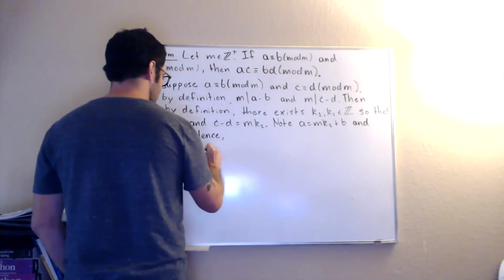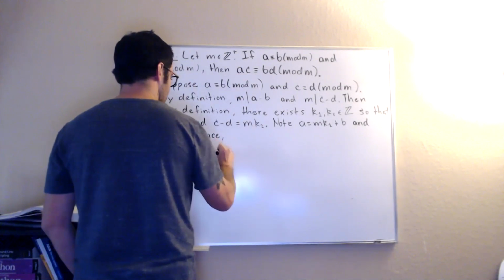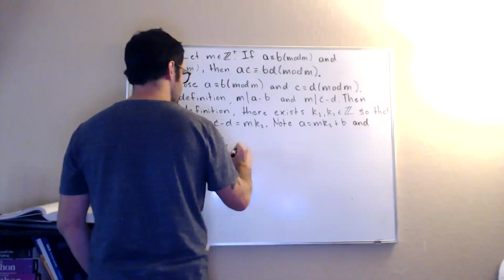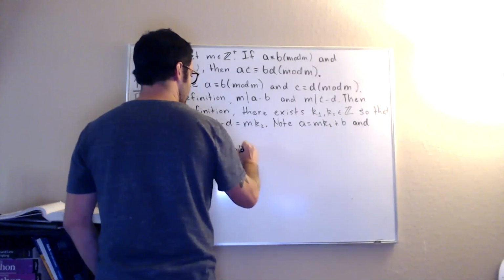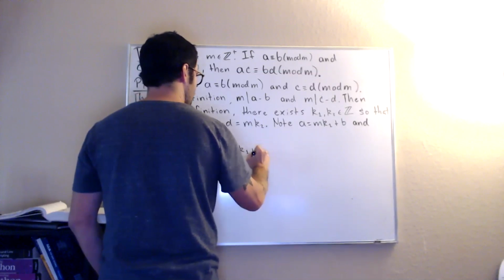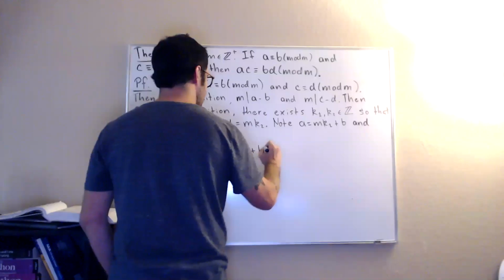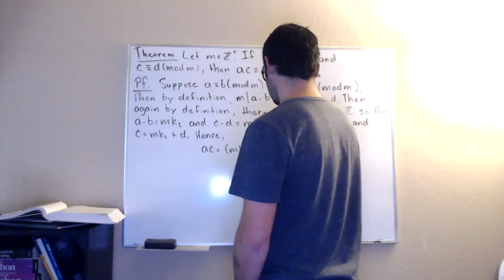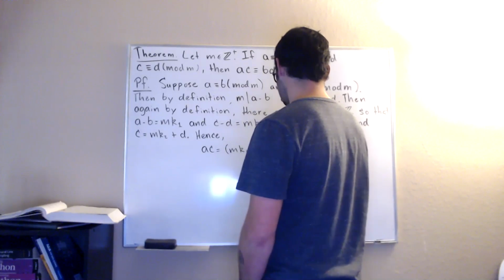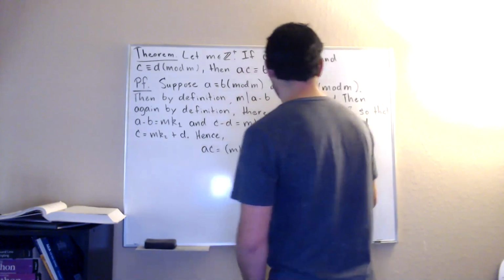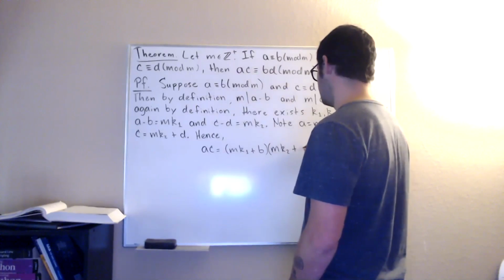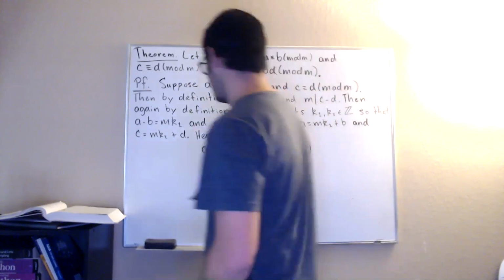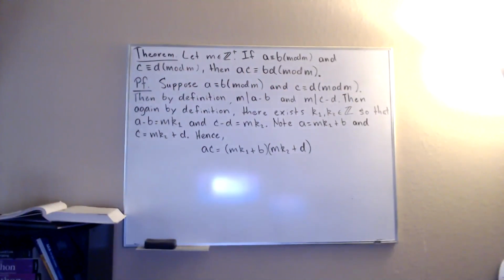A times C is equal to (m times k1 plus B) times (m times k2 plus D). Okay?